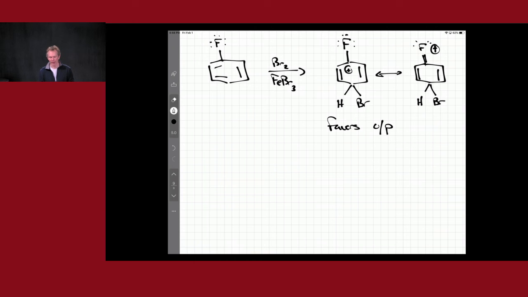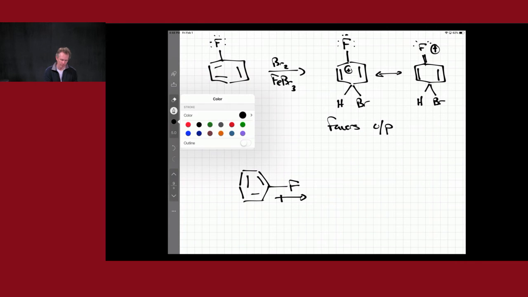And why is it deactivating when all the other ones that we talked about that had these lone pairs on them were actually activating? Well, fluorine is our most electronegative element, and the other halogens are not too far behind. If I think about it, they are also going to have a really strong dipole associated with that carbon-fluorine bond that will put a pretty sizable delta plus on that carbon just from this dipole alone.